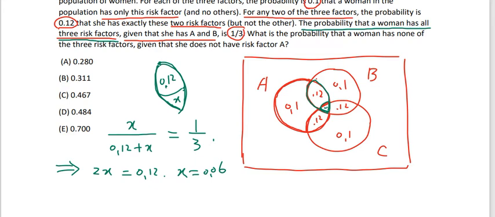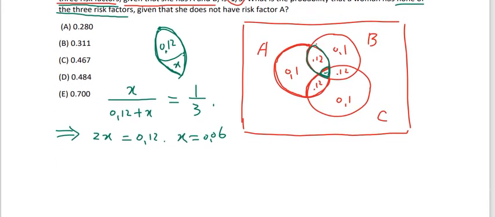Yeah. So now we can find this probability. If we want to find the probability that a woman has none of those three factors, so outside, none of those risk factors, but given that she does not have risk factor A, so this conditional probability, we want to find this probability.